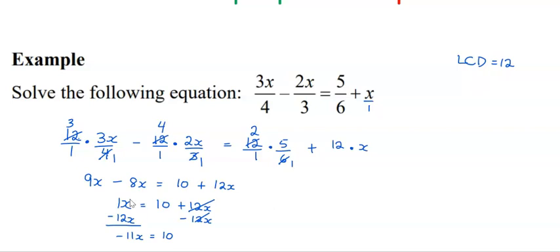Now I can isolate the variable through division. I'm going to divide by negative 11 on both sides. And I have completed the solving now. There's no reducing required. X is equal to negative 10 over 11.